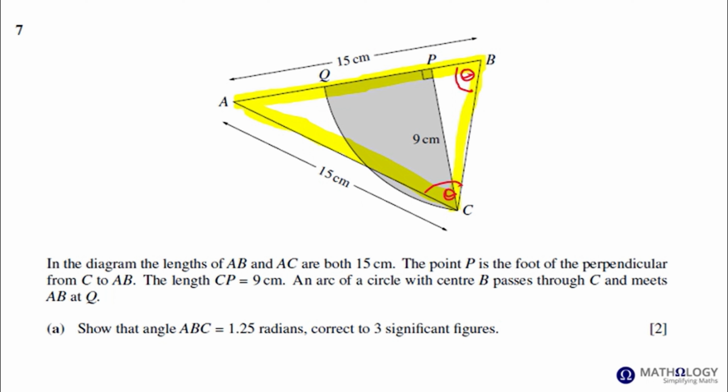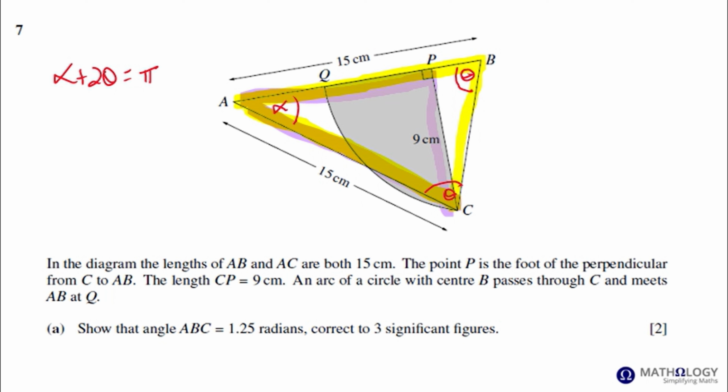Angle BAC, if we call this alpha, then alpha plus 2 theta equals pi radians, interior angles of a triangle. Now the reason we're referring to alpha is because triangle APC is right angled, which means that Pythagoras' theorem and trig ratios apply.